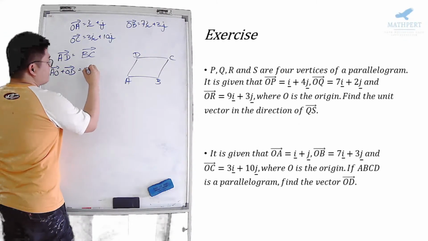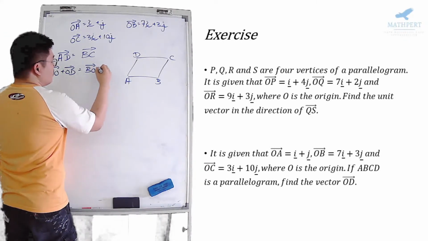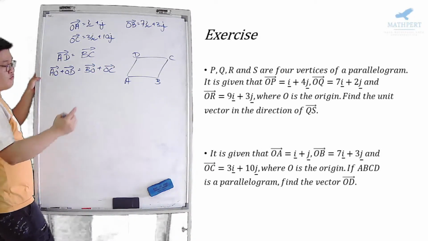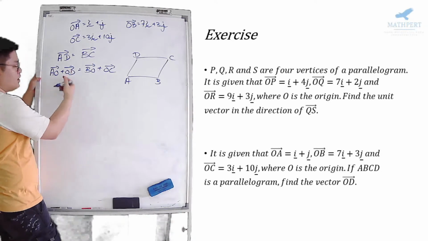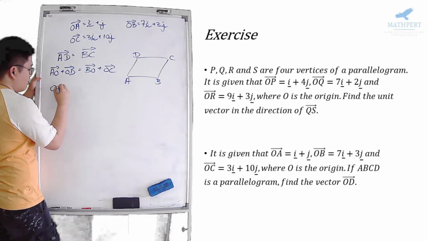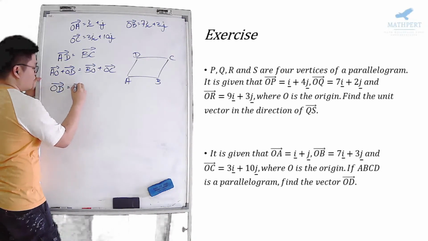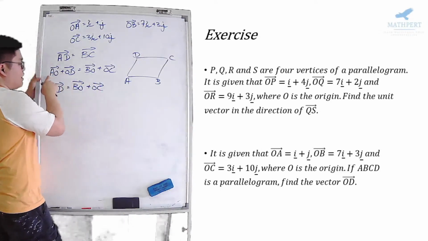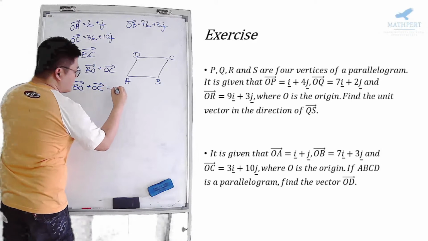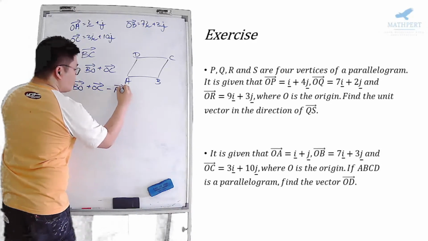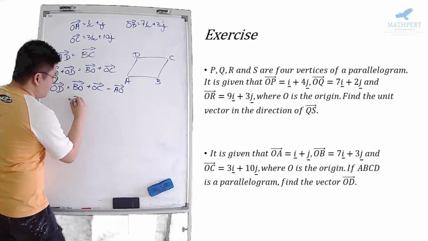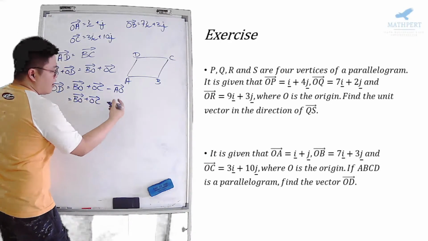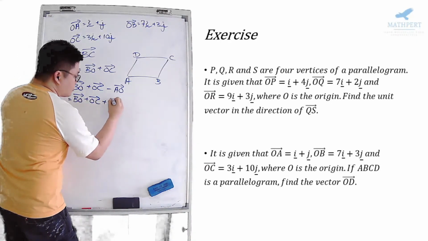Then BC is BO plus OC. The question asks us to find OD, so I can make OD the subject. OD is equal to BO plus OC, and AO moves to here, becoming minus AO.